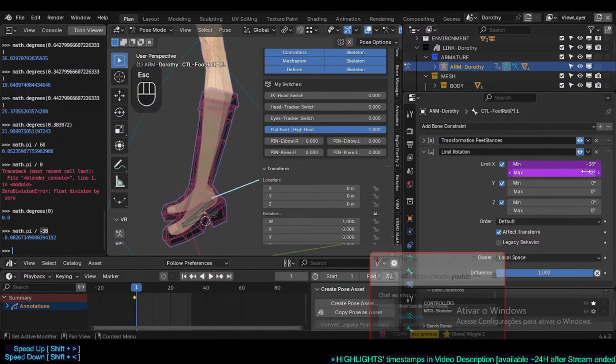Here is where I need to change this one, so this is equivalent to 60 minus this.